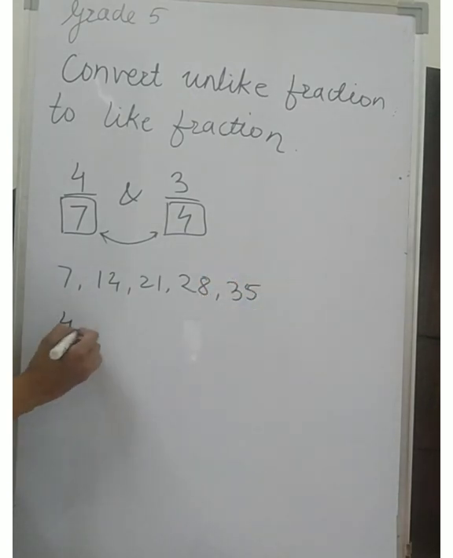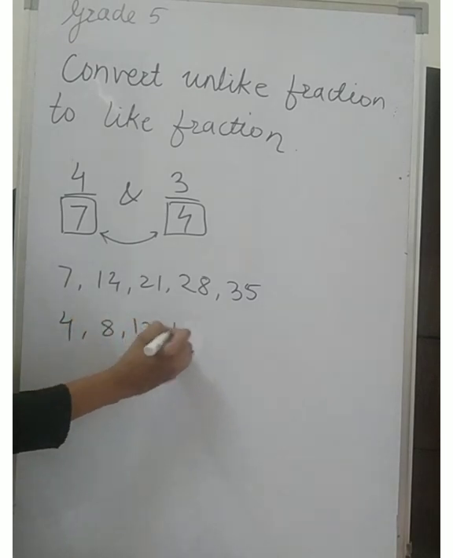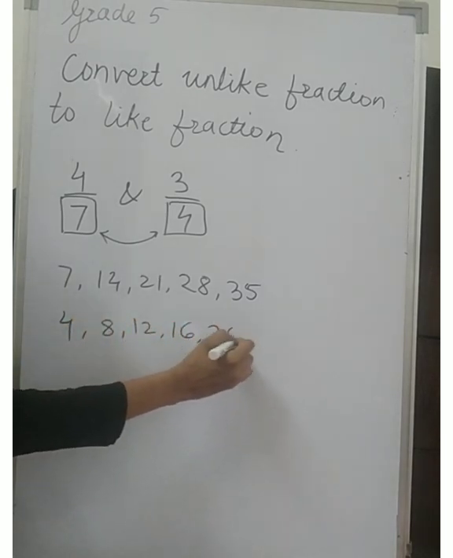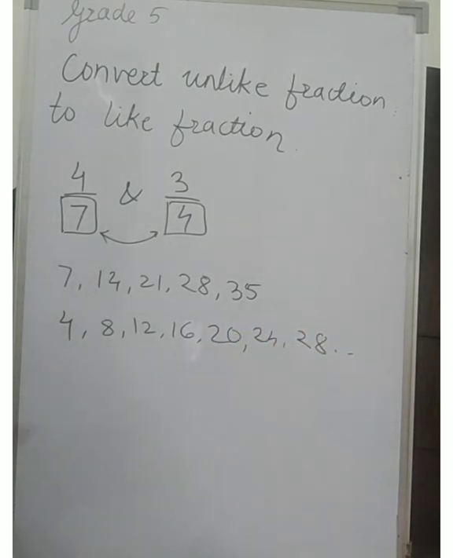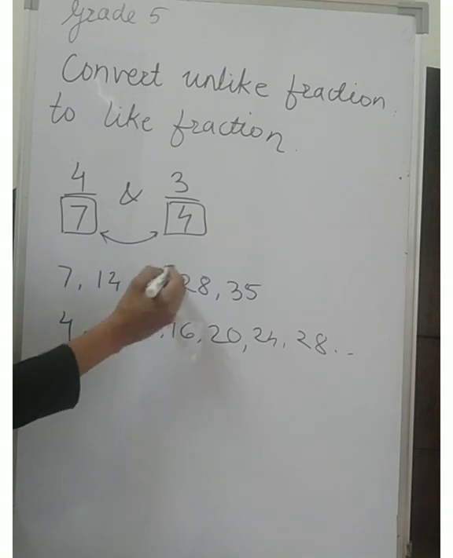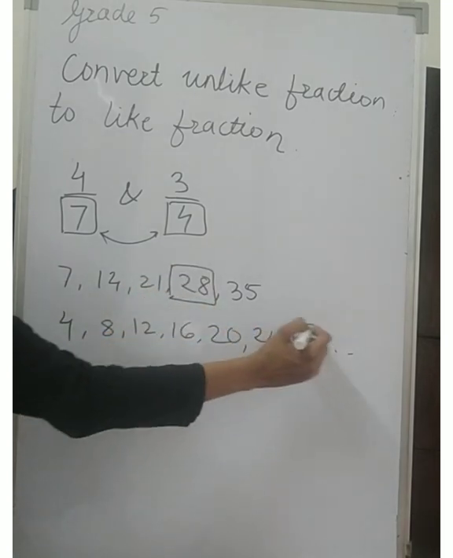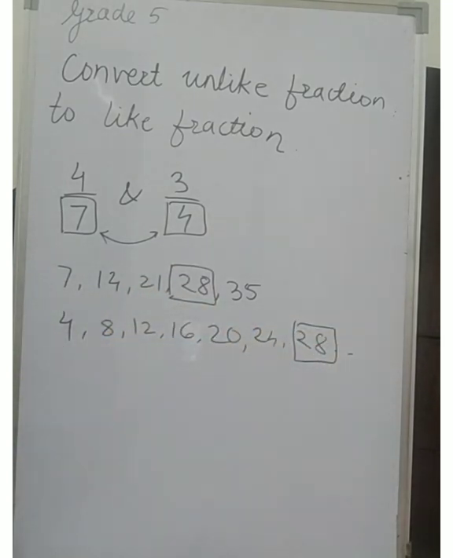Now the multiples of 4: 4, 8, 12, 16, 20, 24 and 28. Okay. Now we have got 28 as the common multiple of 7 and 4.